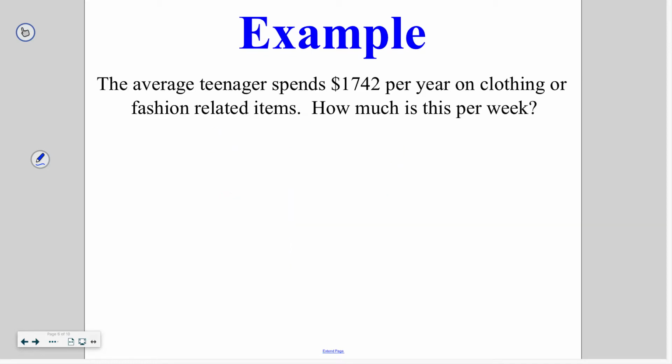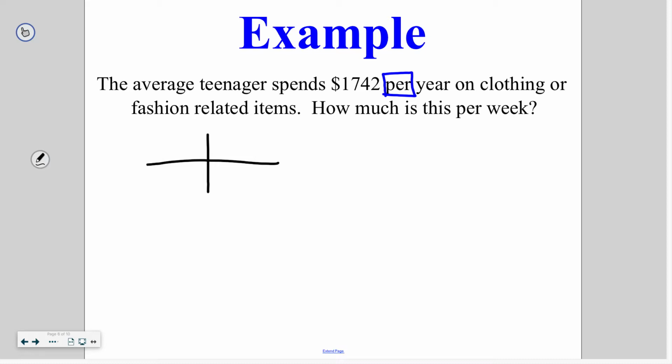Looking at this one now, we've got the average teenager spends $1,742 per year on clothing or fashion-related items. How much is this per week? A new key thing that we have in this problem is the word per. Prior to this problem, we have only ever been plugging information into the top portion of this box.